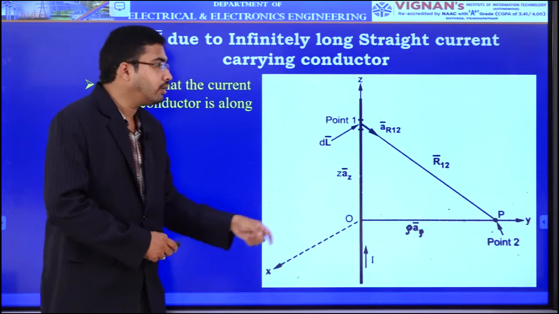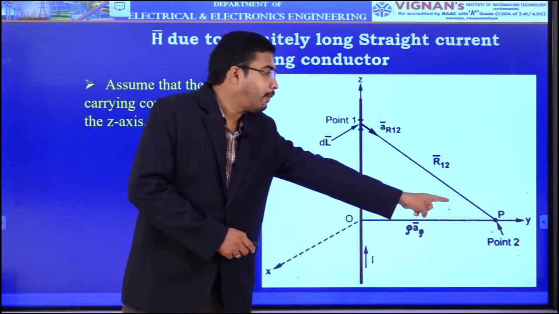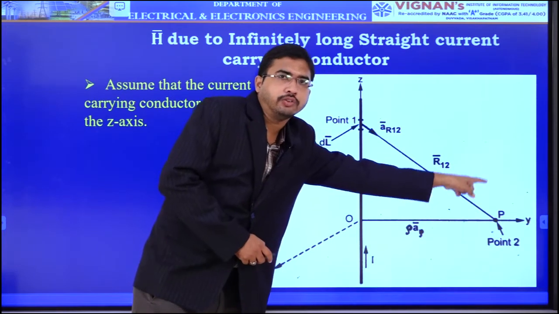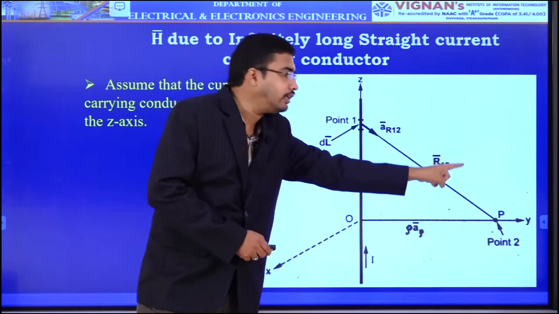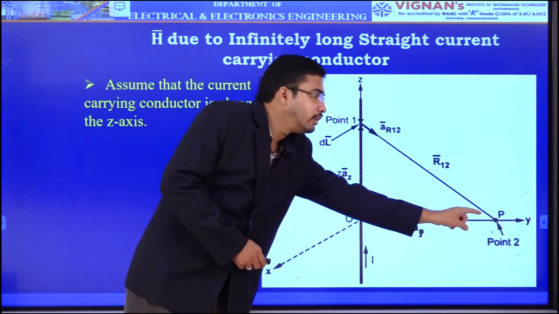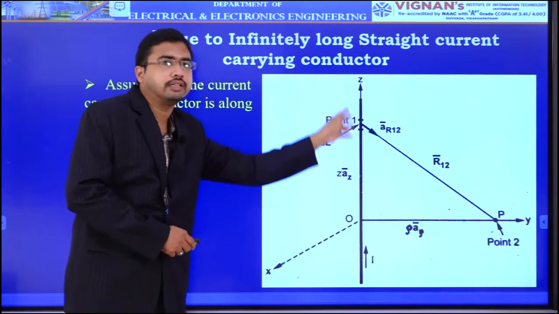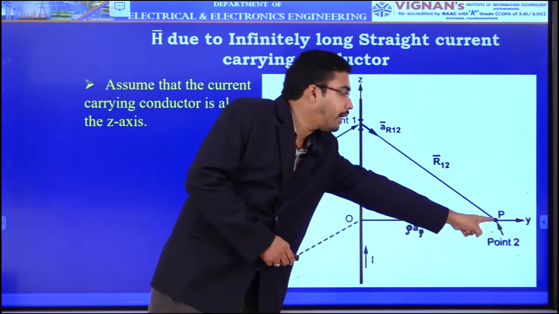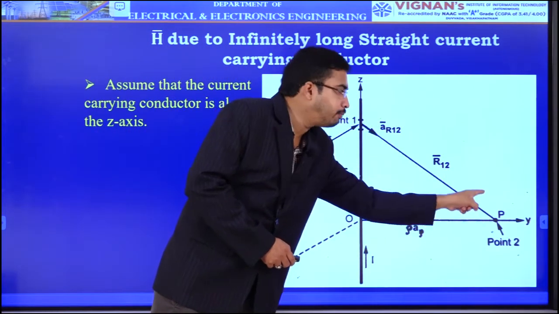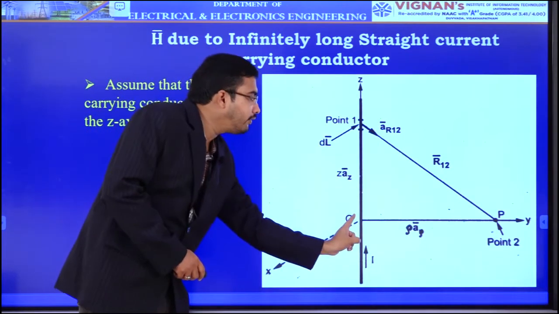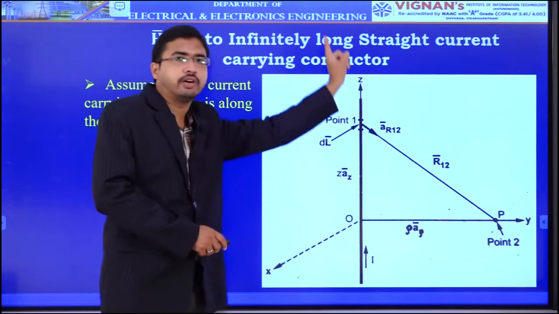Now, I want to find the magnetic field intensity at this point P due to this current carrying conductor. So, let us mark the distances. What is the unit vector in the Z direction, in the upward direction?